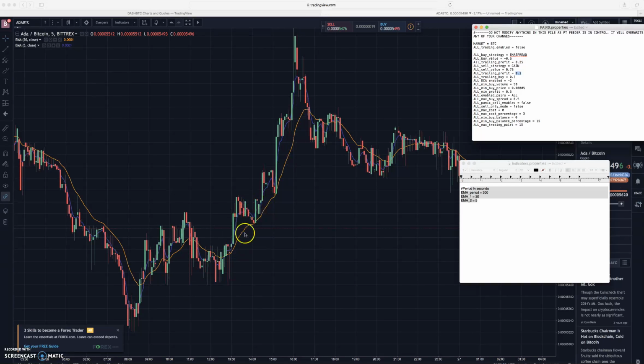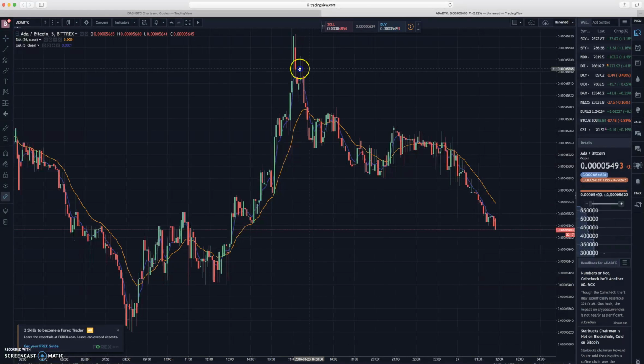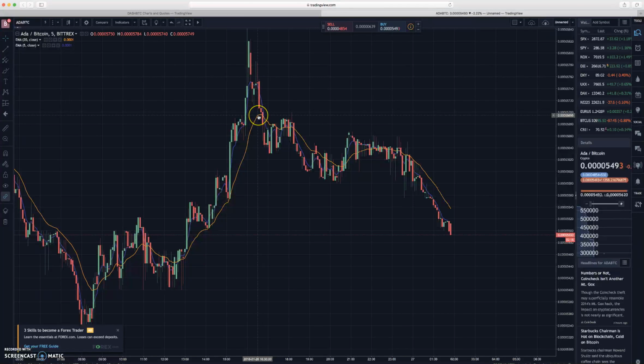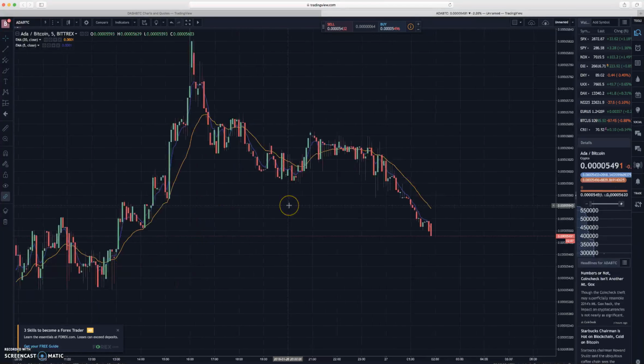So that way, when you see a trend like this, where it's just skyrocketing up, you're not selling here, but it's trailing all the way to the top, and then it drops 0.3 and you're out of the trade. And that's why I like Profit Trailer so much, because it's not hard set on when you're going to sell. It's going to trail the profits, which is really awesome.